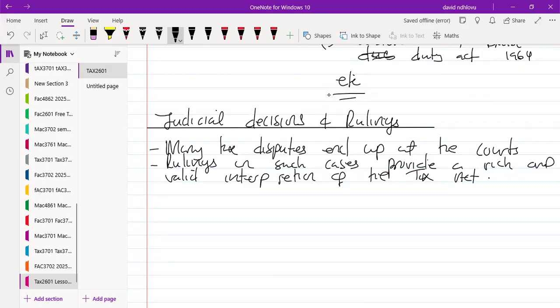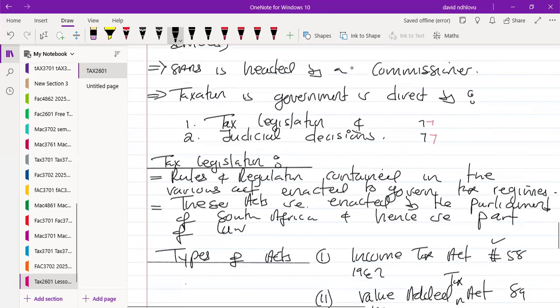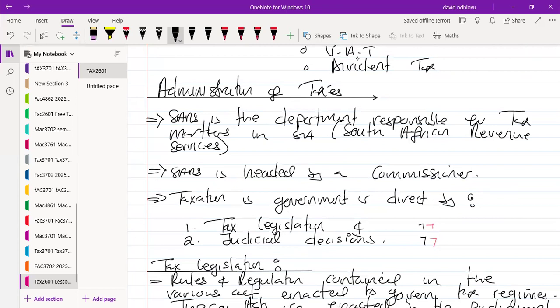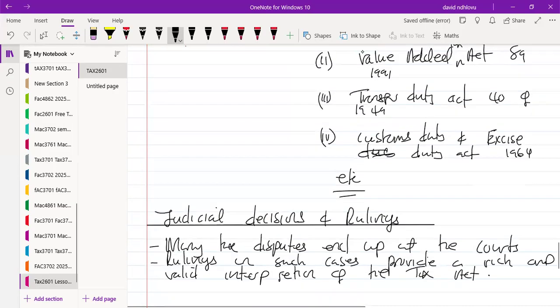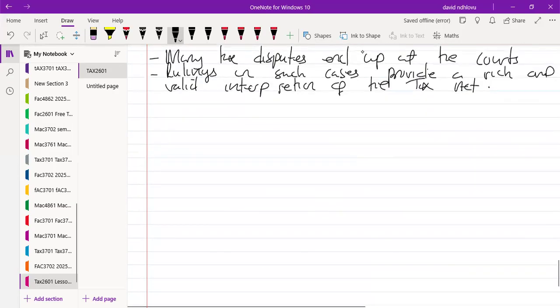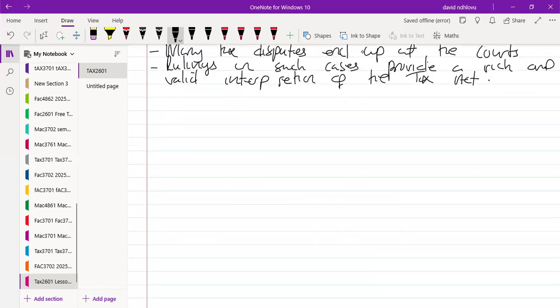So previous rulings can then be used to settle disputes between SARS and a taxpayer. In other words, you must remember that tax law is derived from legislation, which is the primary source, complemented also by judicial rulings as well. So that is important, right?